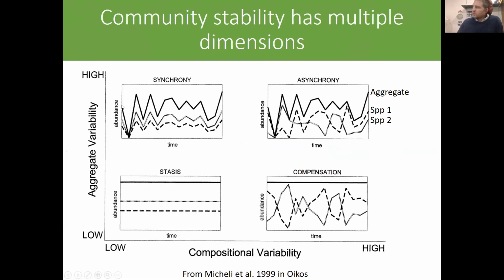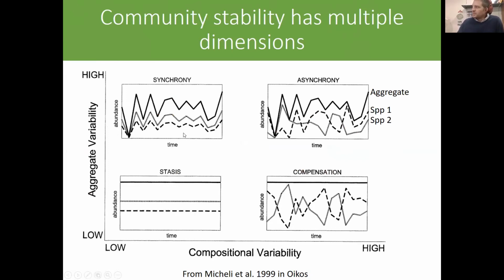When we have a community, in this case multiple species within a community, aggregate variability refers to the total variability of all species within the community. But then there's also compositional variability, which is, through time, how does the composition of the community change?